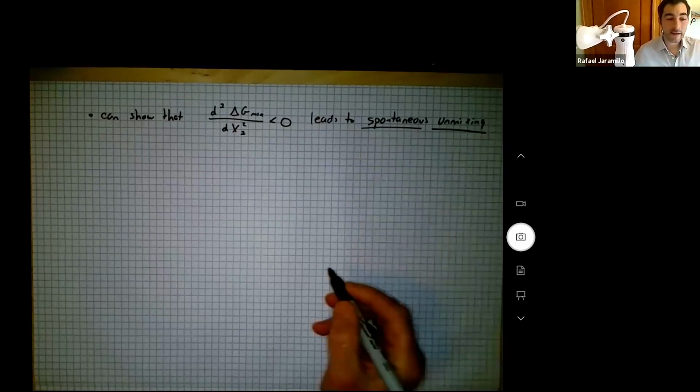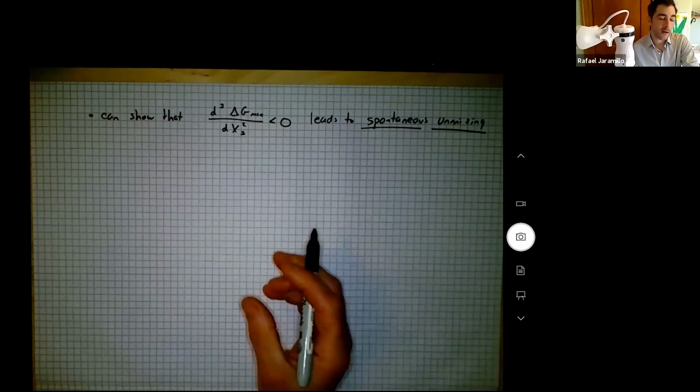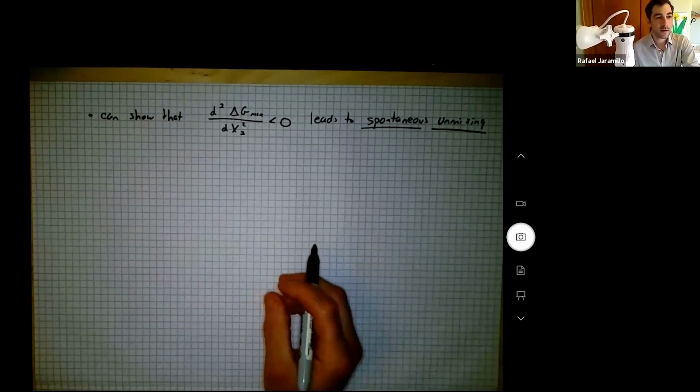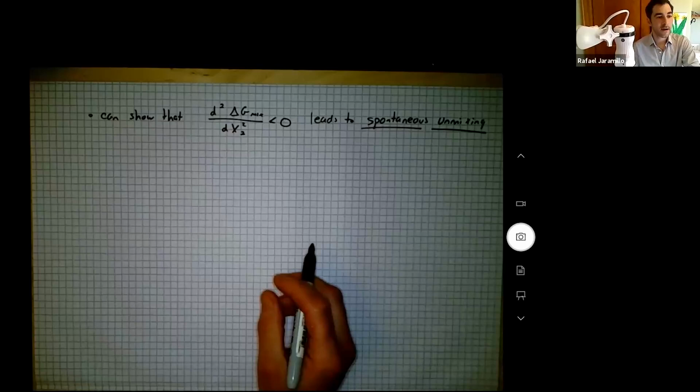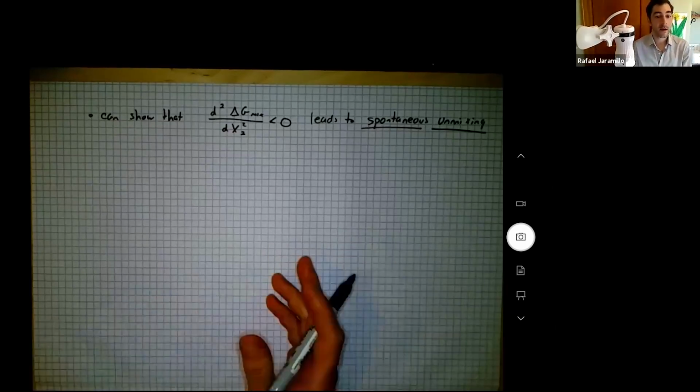So that's going to be the condition for those little unmixed clusters, those little fluctuations, to grow in size, and for the system to spontaneously, over macroscopic length scales, unmix.